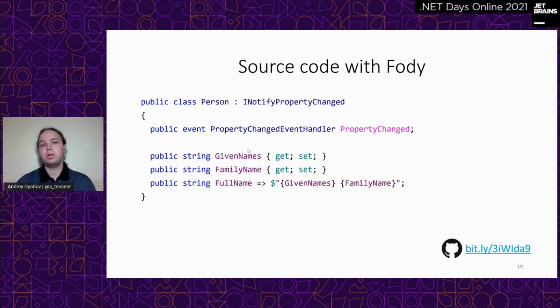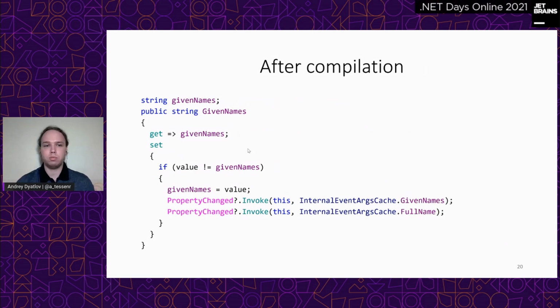You simply implement the interface in some type, declare the PropertyChanged event, and declare some auto properties. And after this code is compiled, these properties are transformed to regular properties with backing fields that will fire some notifications from the setters. So it works like magic, and I want to highlight a few key differences with source generators here.